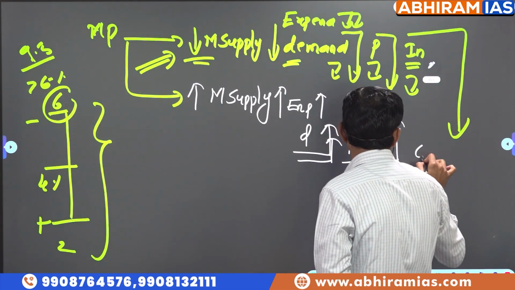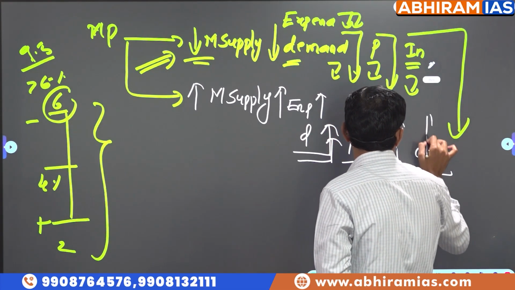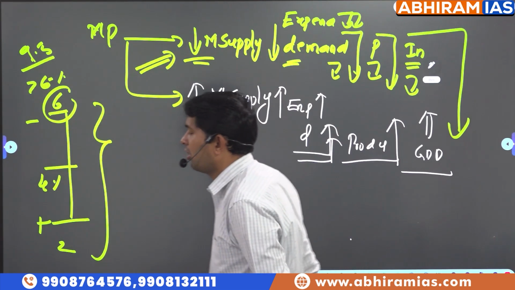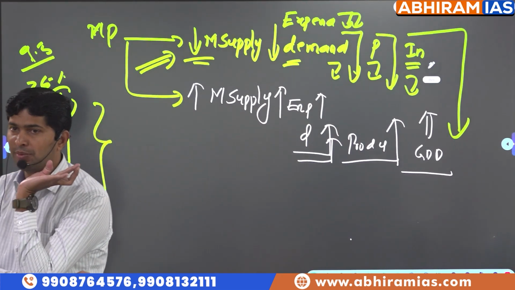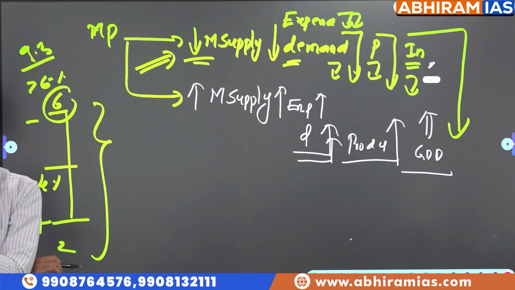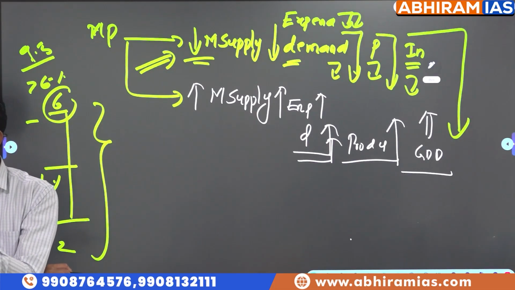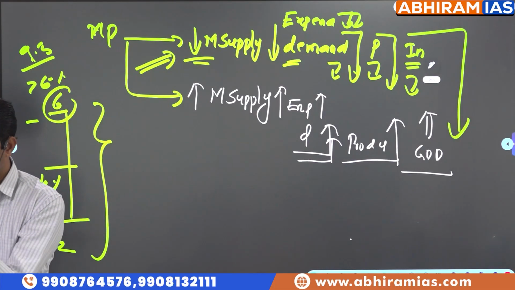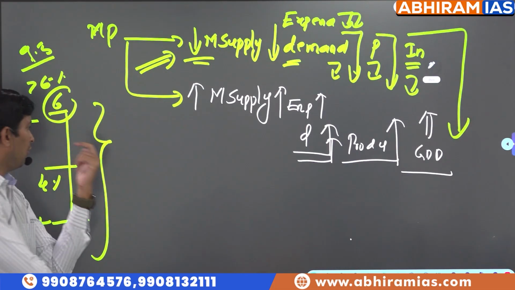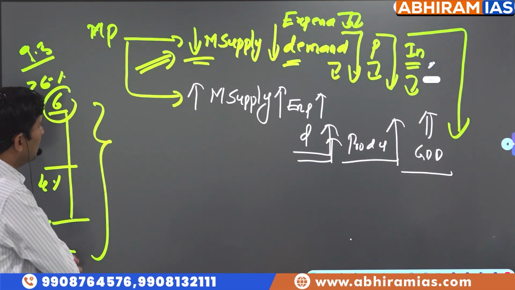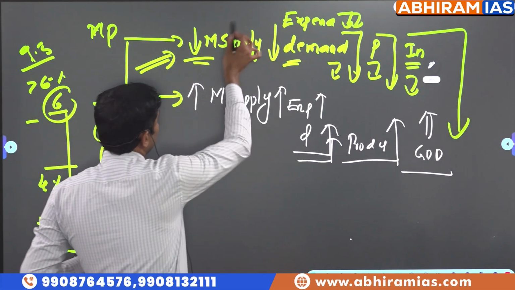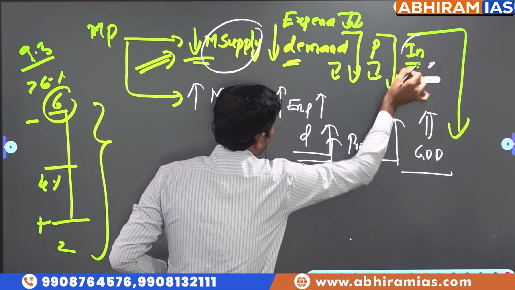So what might happen to GDP growth rate? The entire set of monetary policy tools we are going to cover is based on this principle. Which means, if inflation is under control, go for increasing money supply to increase GDP growth rate. If inflation is beyond the threshold, go for decreasing money supply to control inflation.